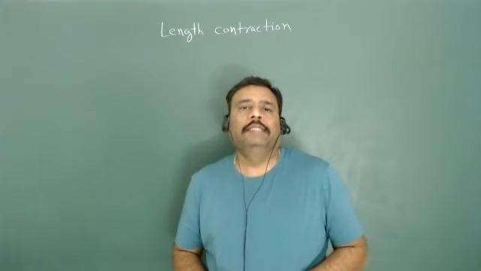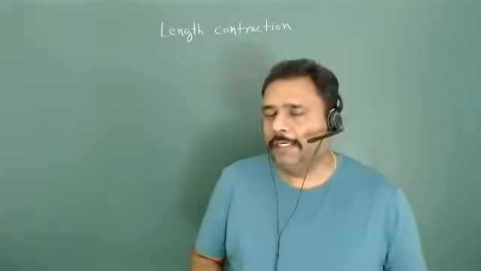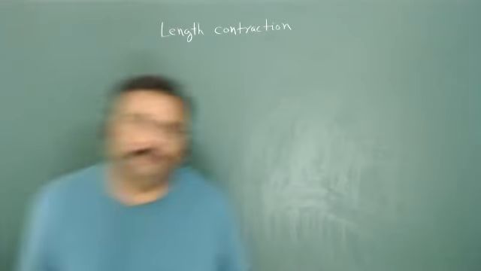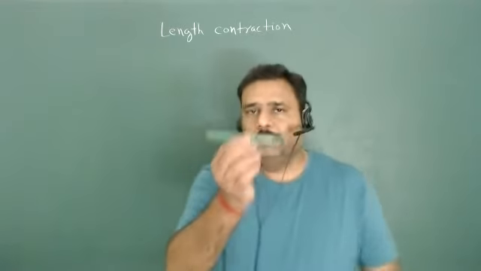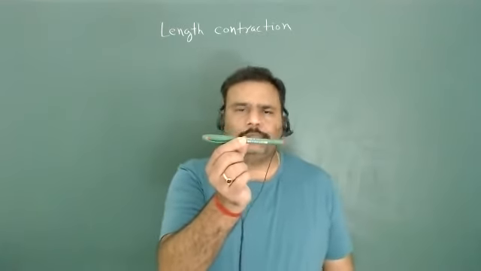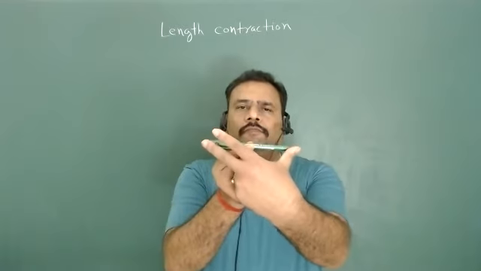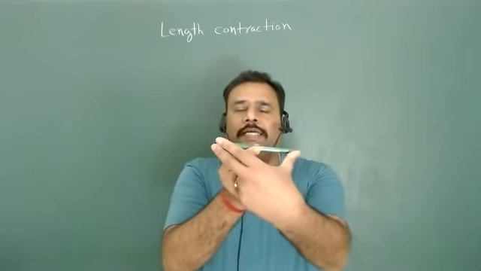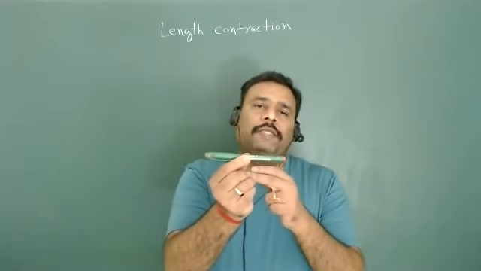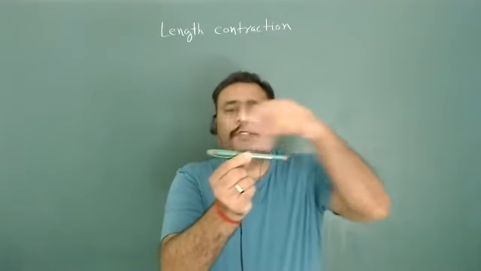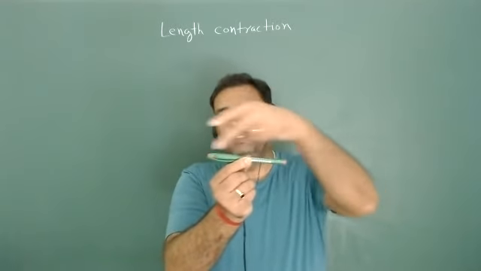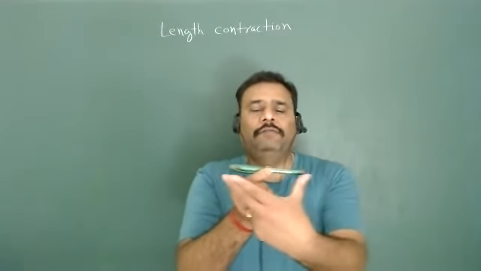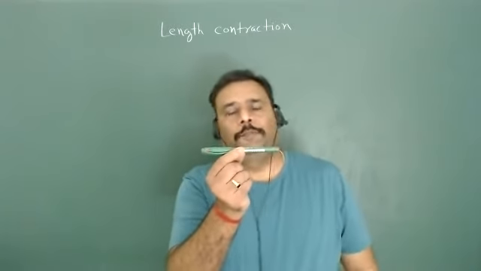So what is length contraction? It's a very interesting thing. Suppose I have this length, and it has some value. If this length is measured from the rest frame of this particular rod, you can assume this is some rod, then the observer will measure this length as a proper length.